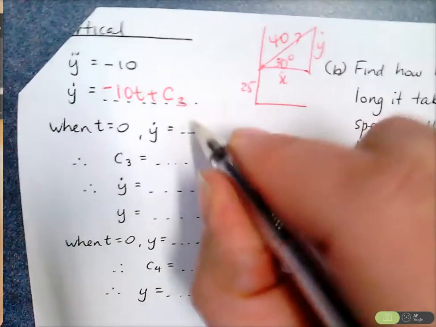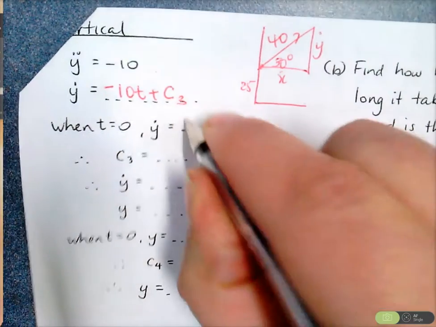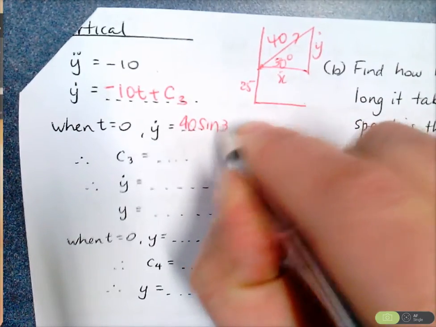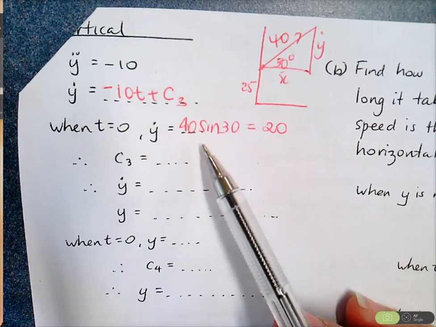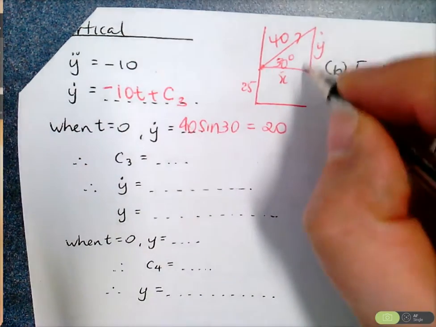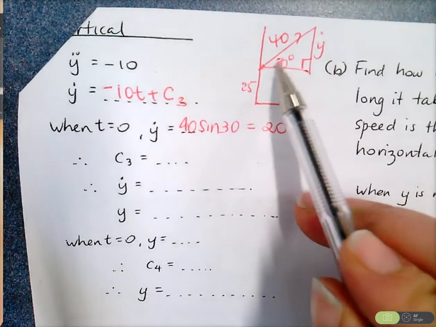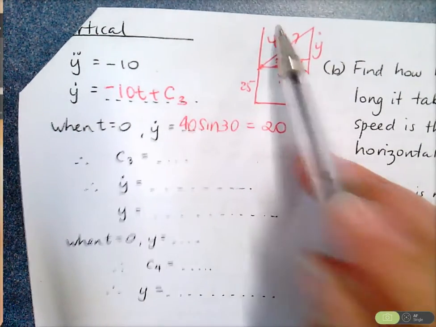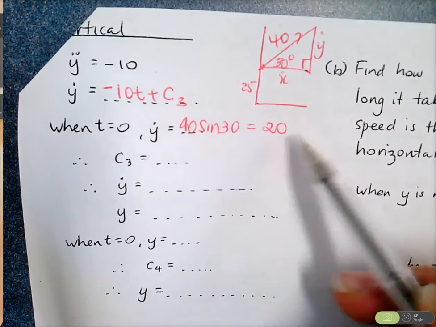Go and look back at the other part. It was 40 sine 30, which was 20. So when t is 0, the first initial right angle triangle is for initial velocities. From here, sine 30 is y dot on 40, therefore y dot is 40 sine 30, which is 20.